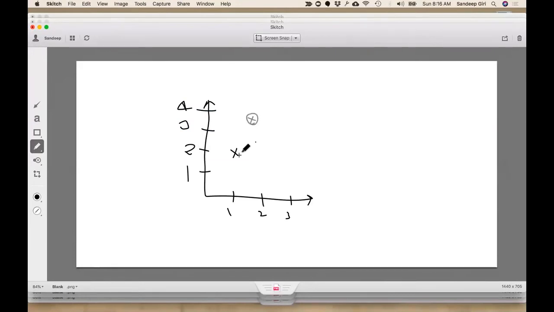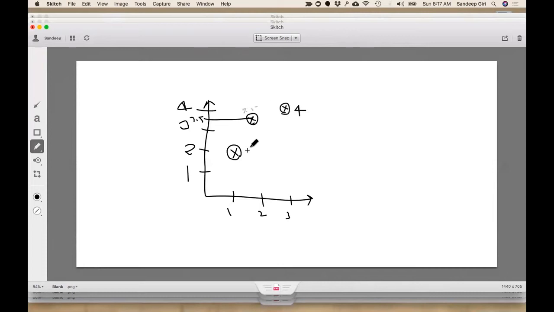This is 3.5, this is 2. So for x equals 2, y is 3.5, while for 1, it's 2, right? And for 3, something weird happened, and it's, let's say, 4.